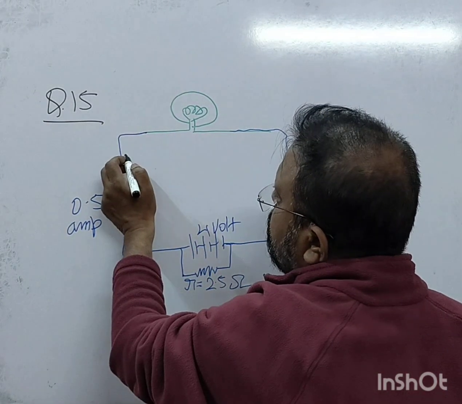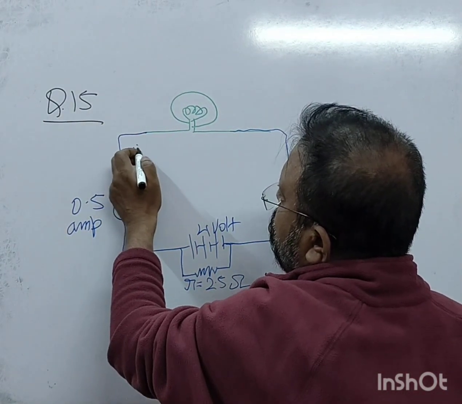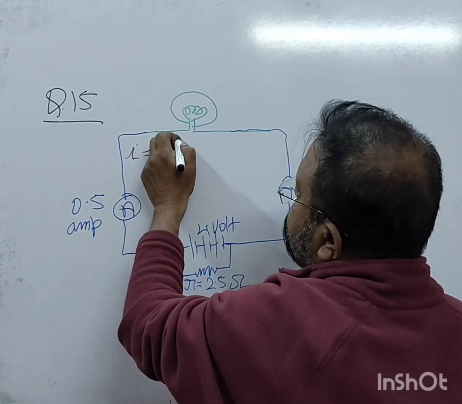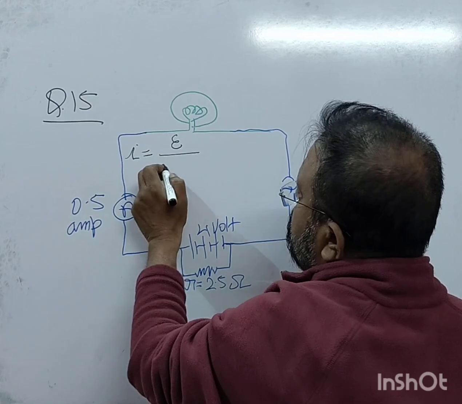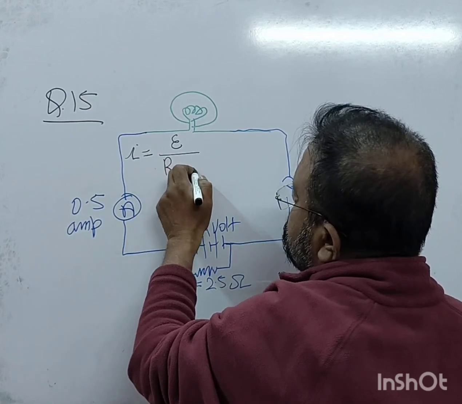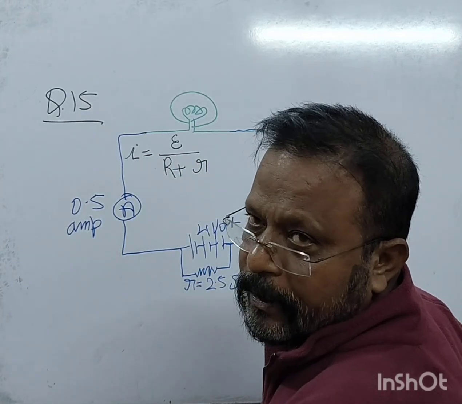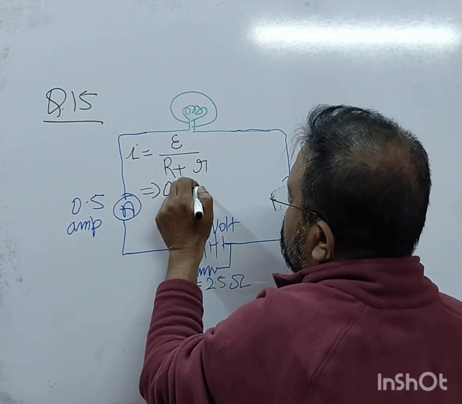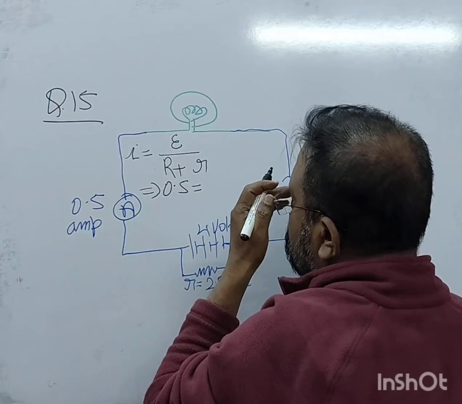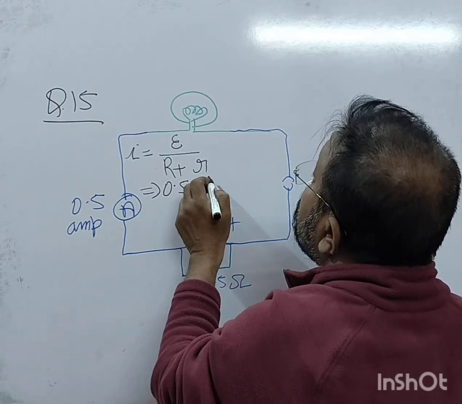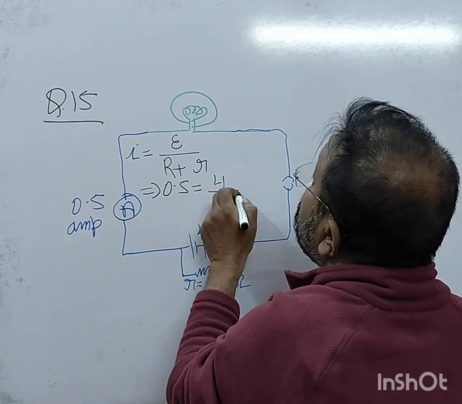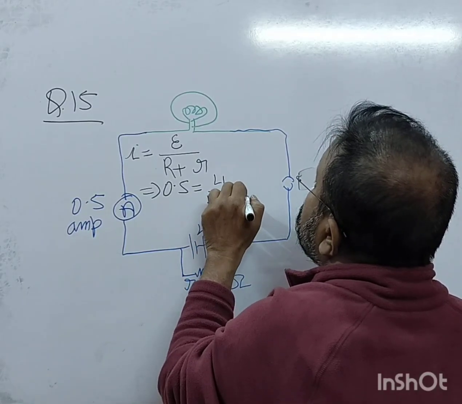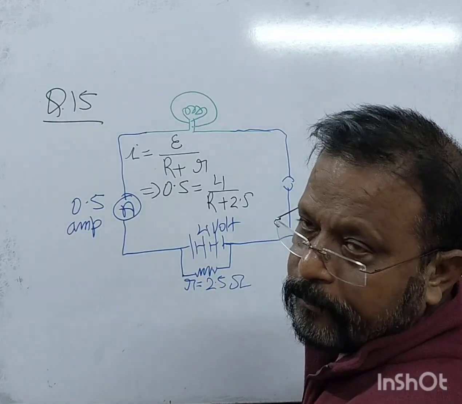First we can get I is equal to epsilon upon capital R plus small r. So 0.5 is equal to epsilon, which is 4, upon capital R, which we do not know, plus 2.5.